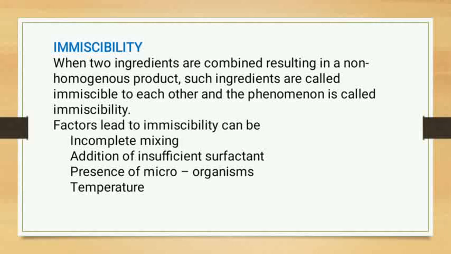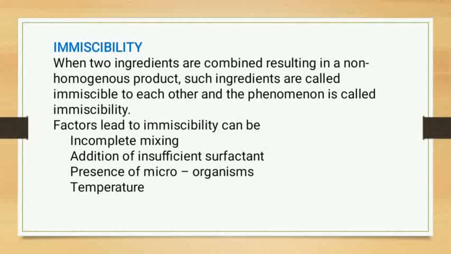A very common example is the combination of oil and water, right? When they are mixed and shaken together, the oil phase is completely separated from the water phase on keeping it aside for a short time, right?